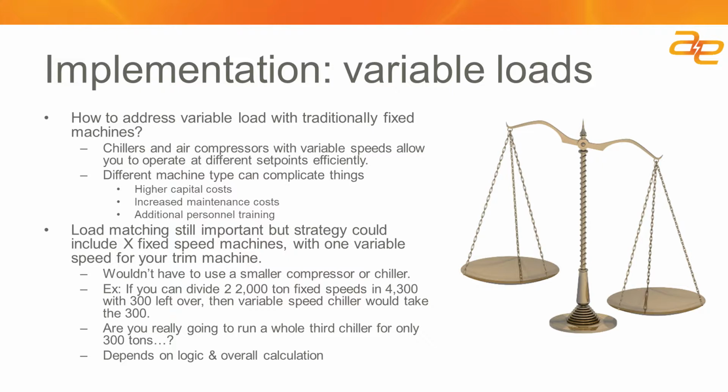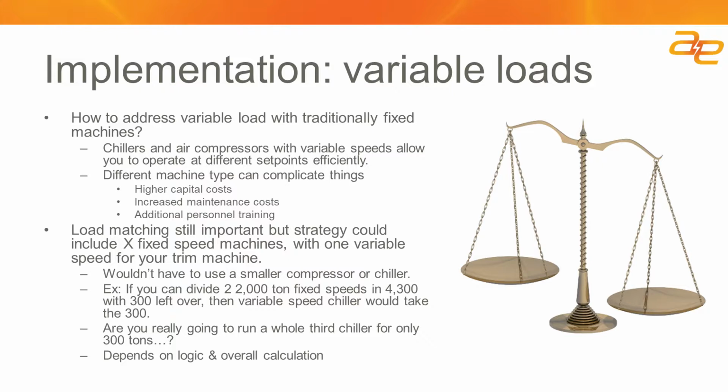But something that has become more popular within the last 5 to 10 years has been variable speed chillers, variable speed compressors, and even boilers that can operate at different levels or have different outputs.